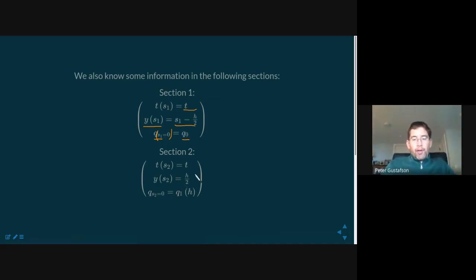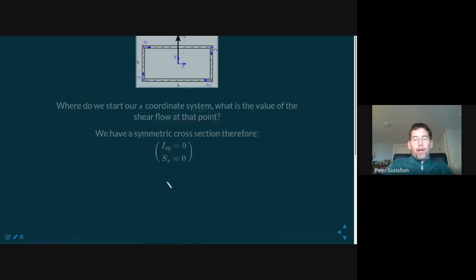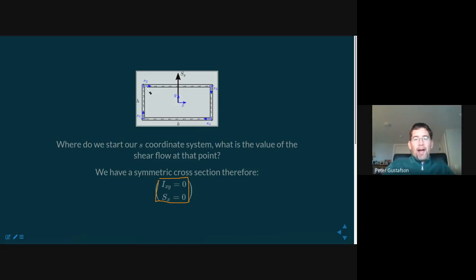Okay, section 2, I can go through these quickly. You've seen it a bunch. Thickness is constant. For this cross-section, the y value for the entire duration of s2 is going to be equal to h over 2.